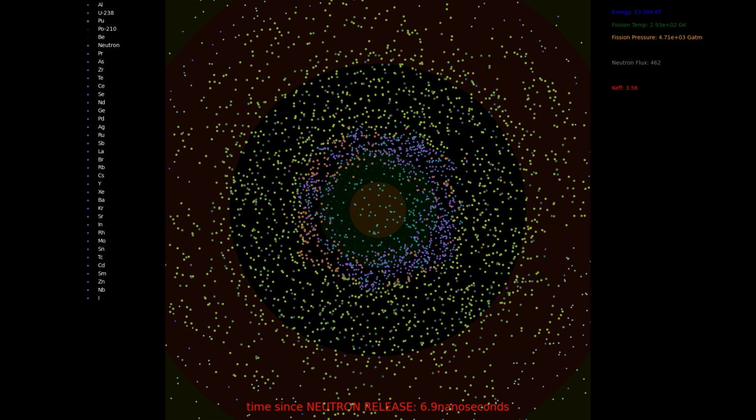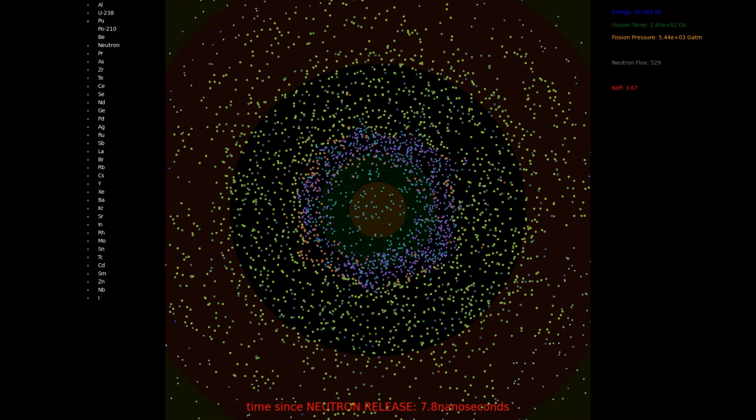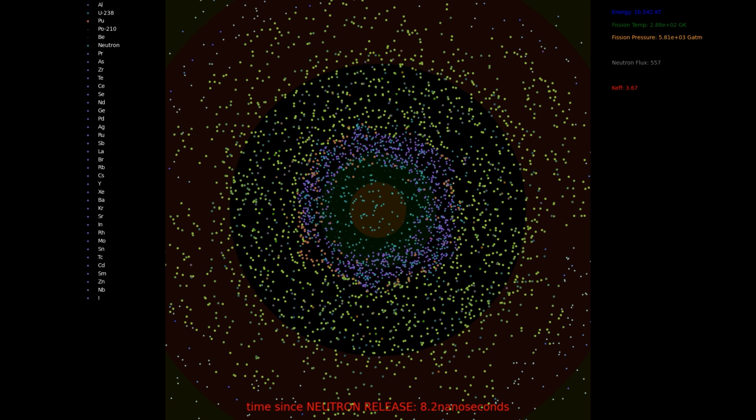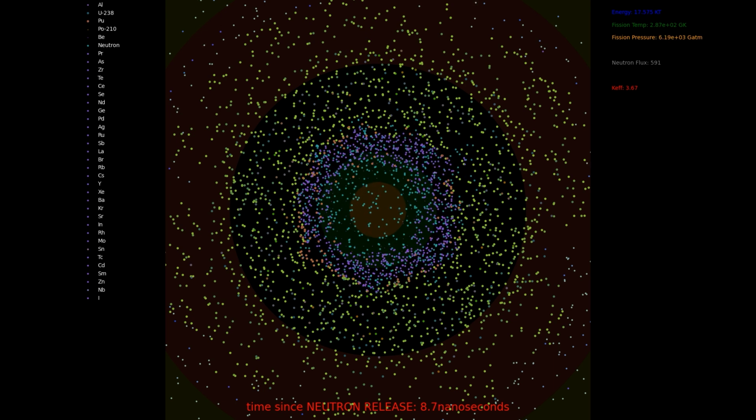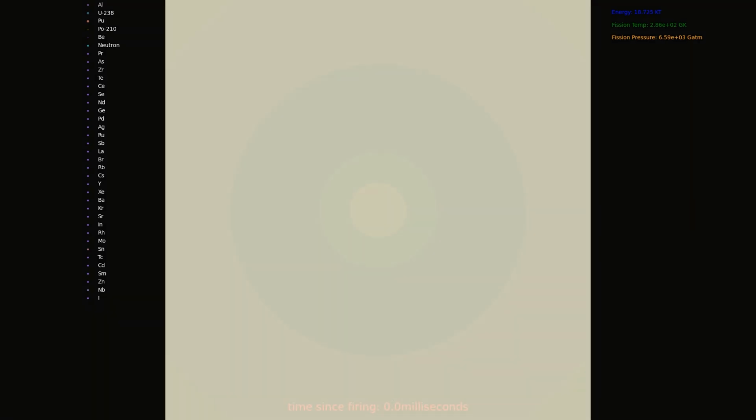Fission escalates until hydrodynamic expansion tears the core apart. A flash of radiation forms as the fission products suddenly escape.